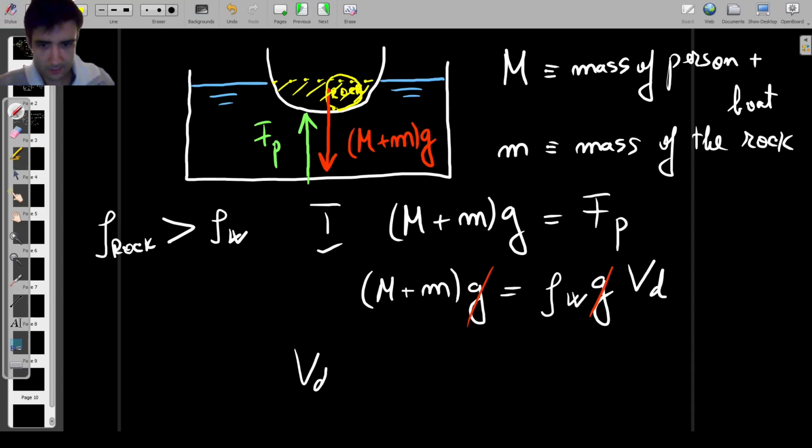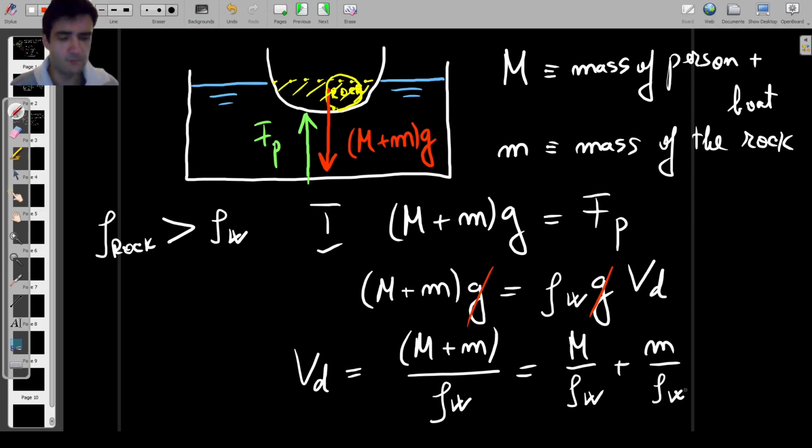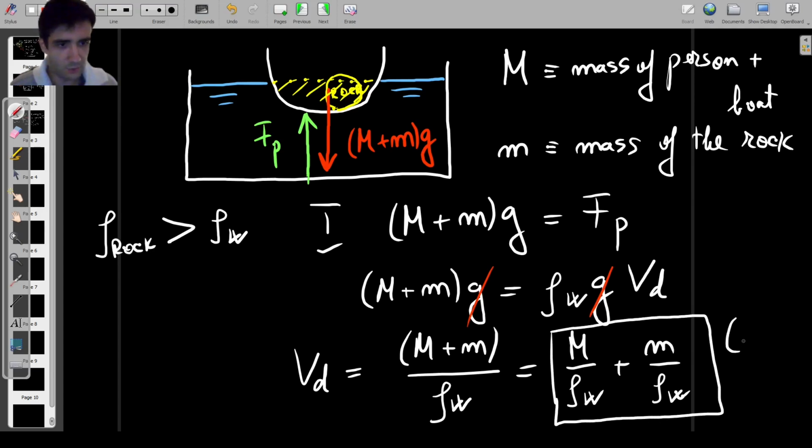Okay, and then the displaced volume is just going to be M plus m divided by the density of the water. And what I'm going to do at this point is split this fraction into terms. So I'm going to have big M over the density plus small m over the density. And you'll see why I'm doing this in a moment. Okay, let's call this, as before, equation 1.